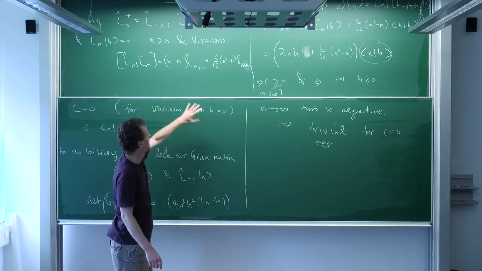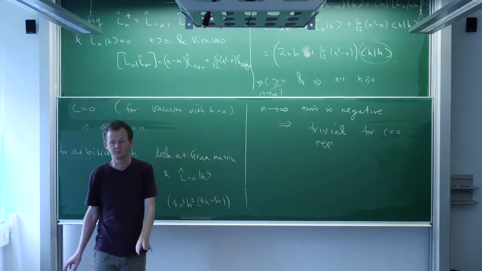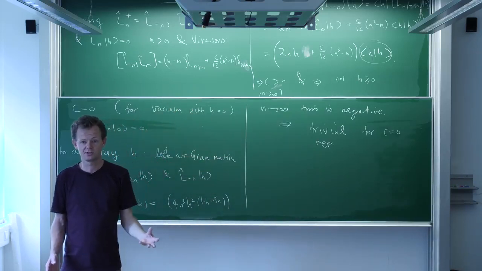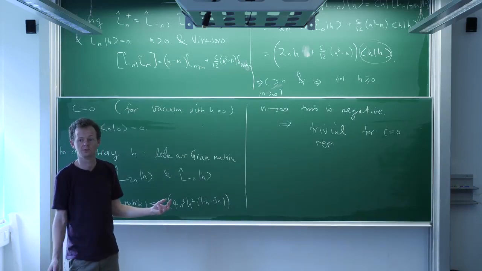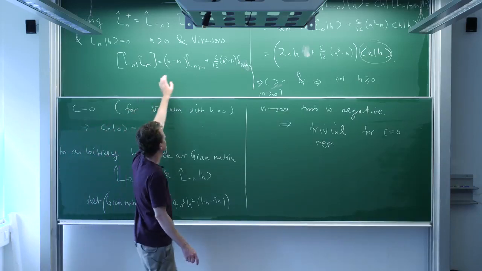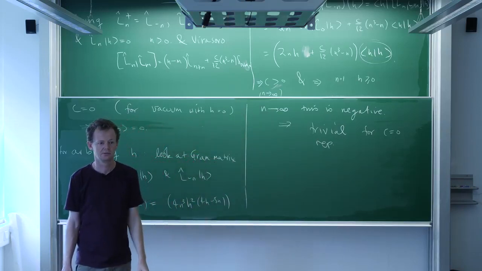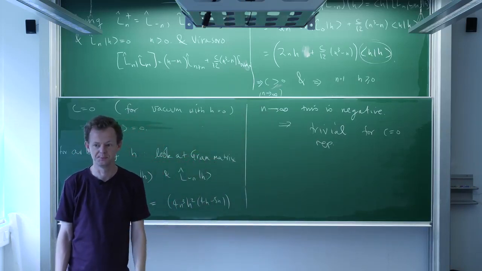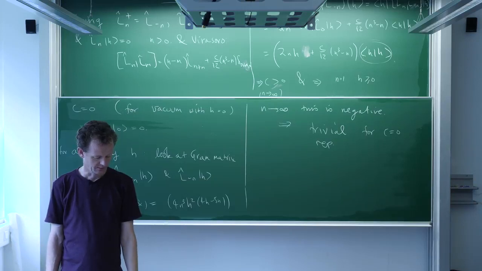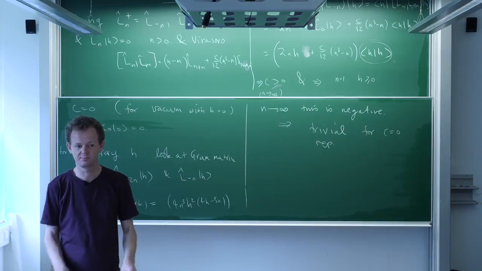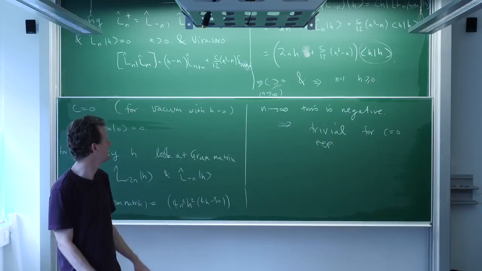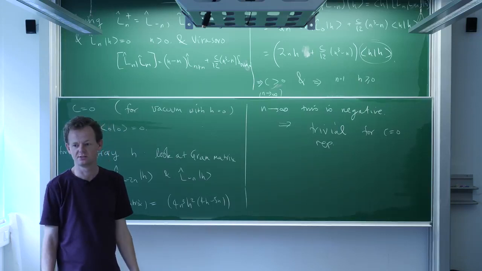Because when c is naught, all those representations would have to be trivial. So we're forced to deal with projective unitary representations. That's just the language for adding on a term like this, which is a cocycle, if you know about group cohomology.